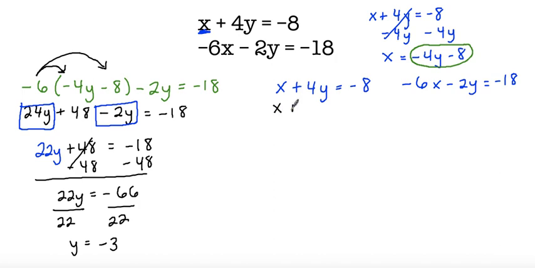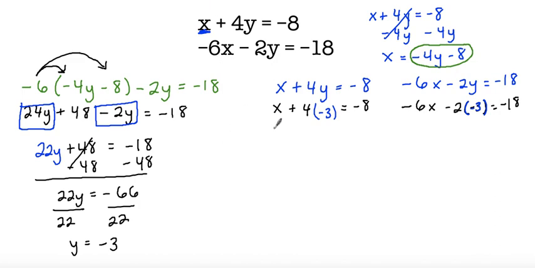So we have x plus 4 times negative 3 is equal to negative 8, and we have negative 6x minus 2 times negative 3 is equal to negative 18. And now we're going to solve for x in each equation.